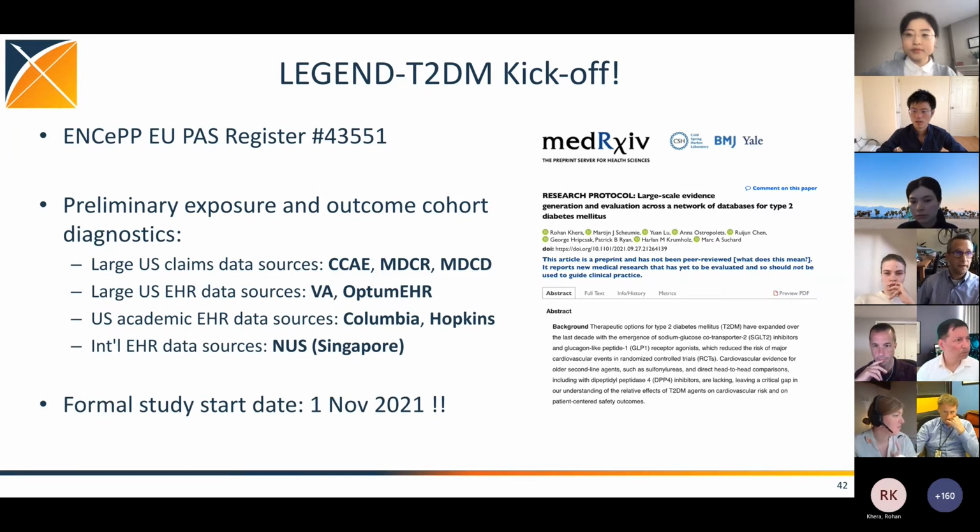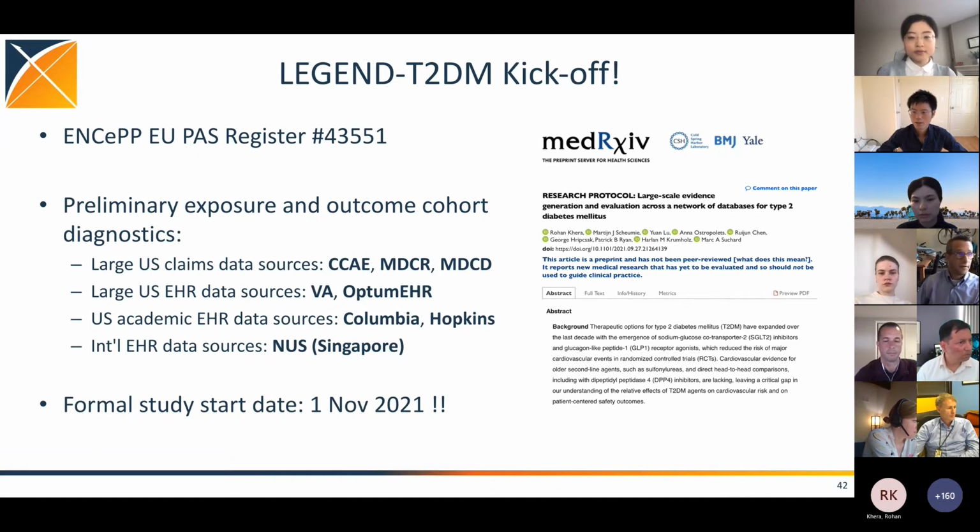In addition to finalizing the protocol, we have also completed preliminary exposure and outcome cohort diagnostics across a number of different data sources, including 3 different large US claims data sources, 2 different very large US EHR data sources, including the VA and Optum EHR, 2 different US academic EHR systems, and internationally the EHR system in Singapore.